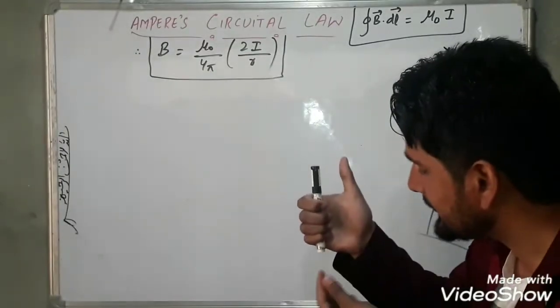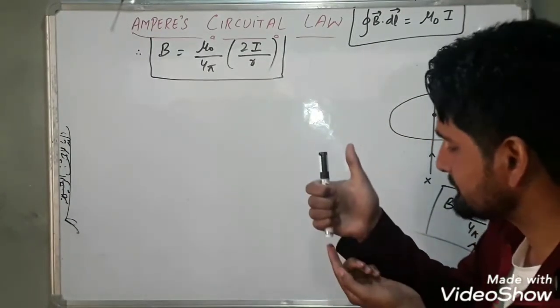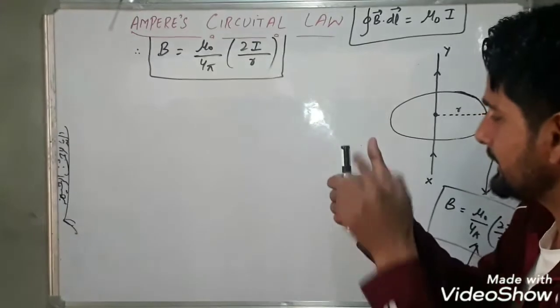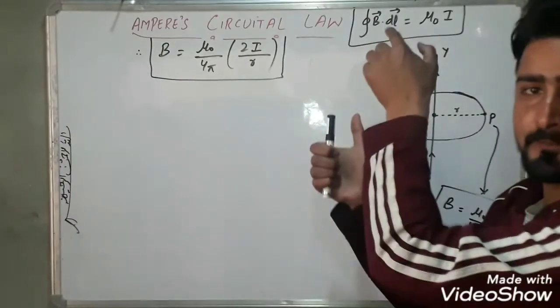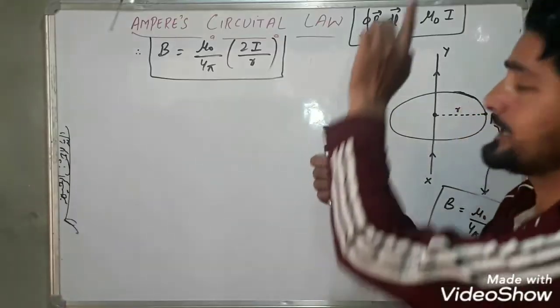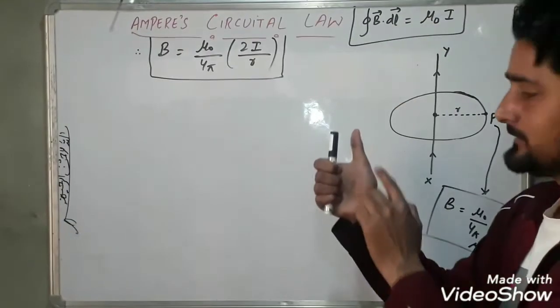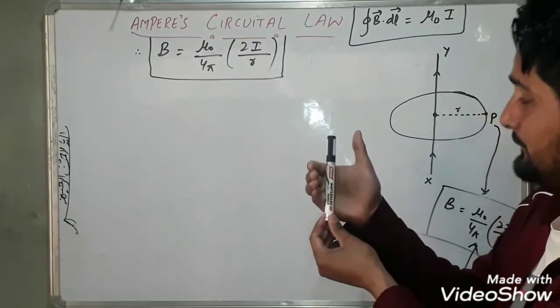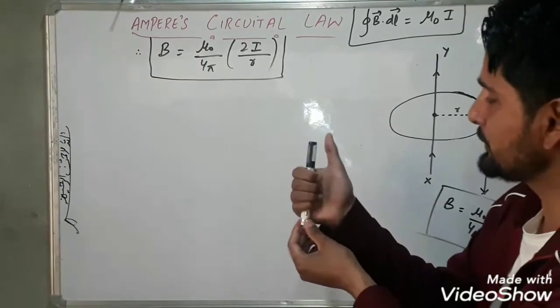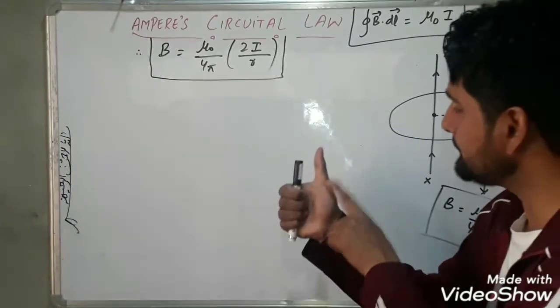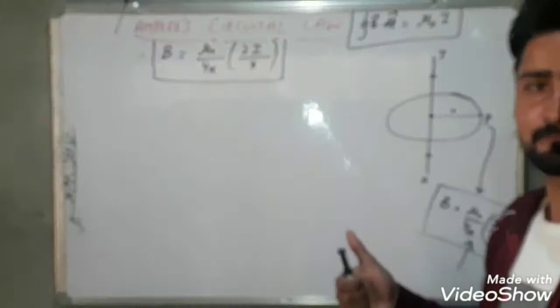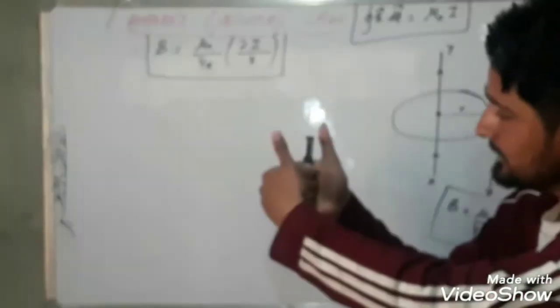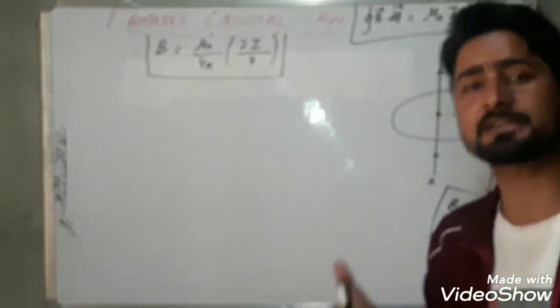If the direction of current is from this point x to this point y, current is in the upward direction, and you are holding this conductor in your right hand so that the thumb points in the direction of the current. At that time, the right hand thumb rule gives the direction of the magnetic field.